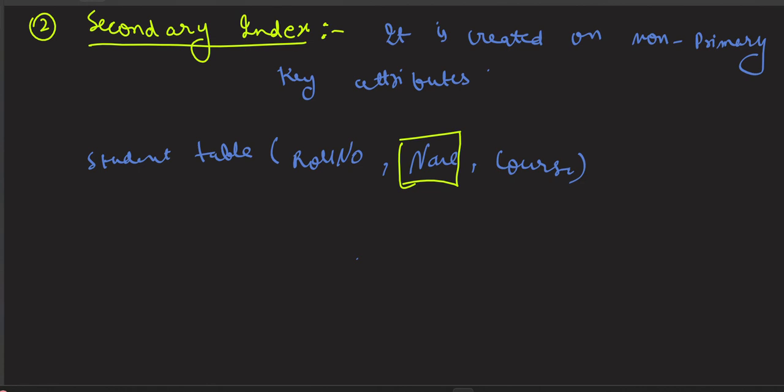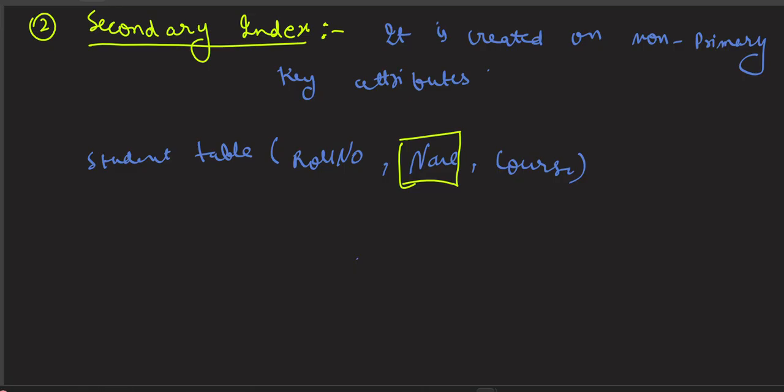If there is no primary key in your query, then this comes into the role, because, as the definition suggests, it is created on a non-primary key attribute.